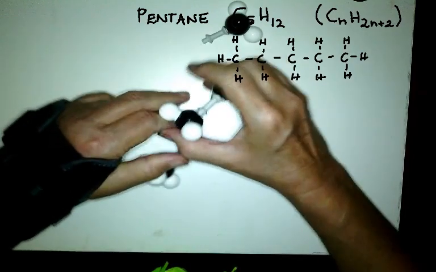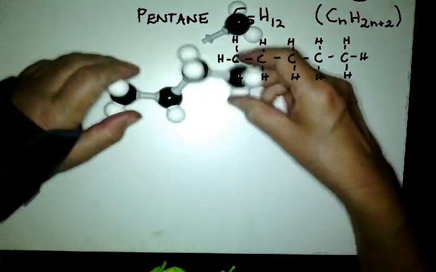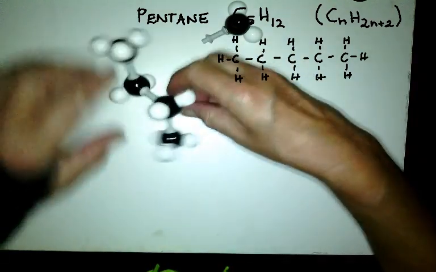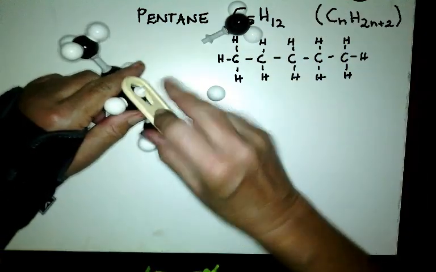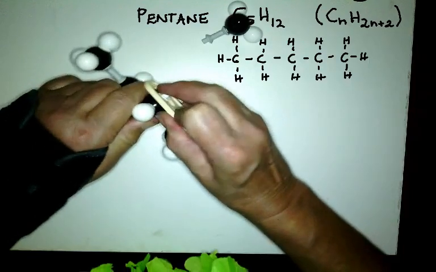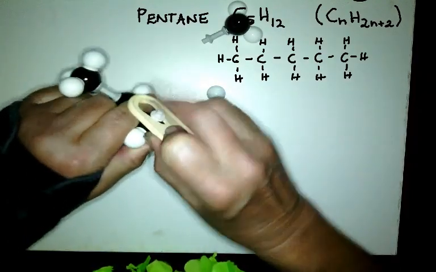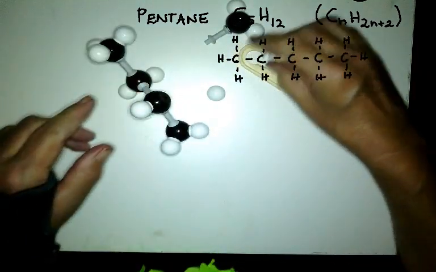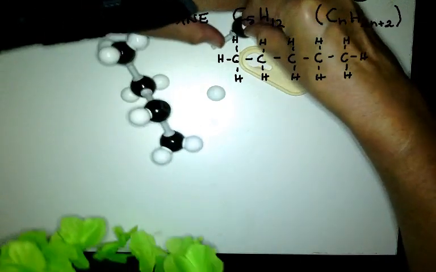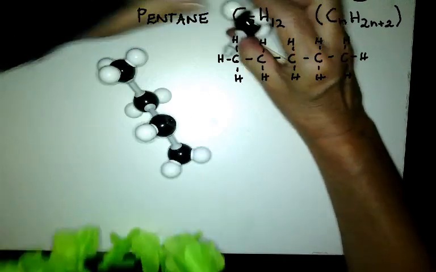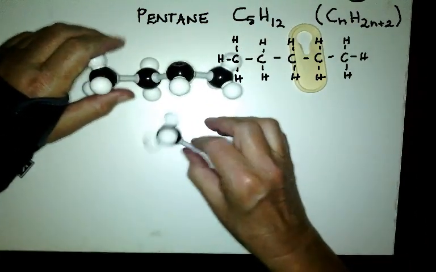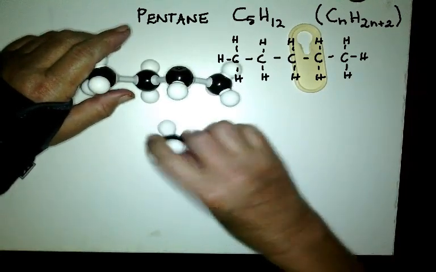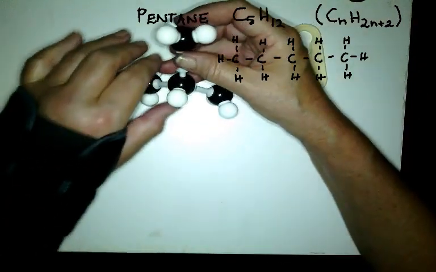I'll create a chain with 4 carbons in the continuous chain, and then this would be our methyl group. This would be the methyl group that attaches somewhere to the longest chain.